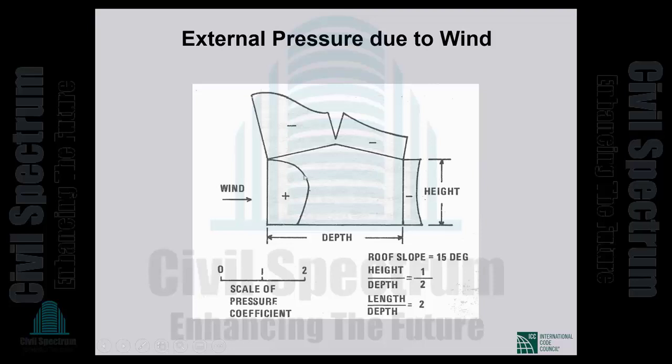On the windward face, we have positive pressure, meaning pressure above ambient. Ambient pressure is the pressure that would have existed if the building didn't exist. Pressure above ambient is called pressure. Pressure below ambient is called suction. So we have pressure on the windward face. We have suction on all the other faces, including the side faces.